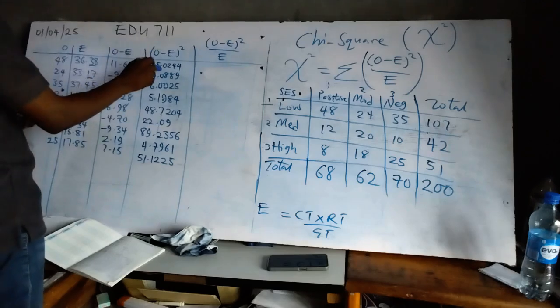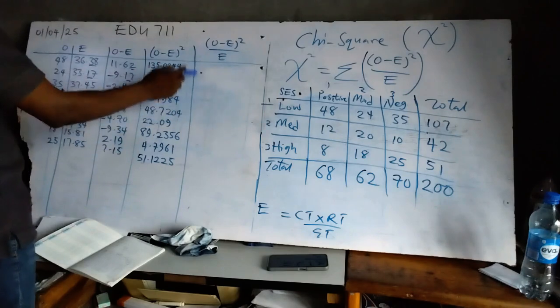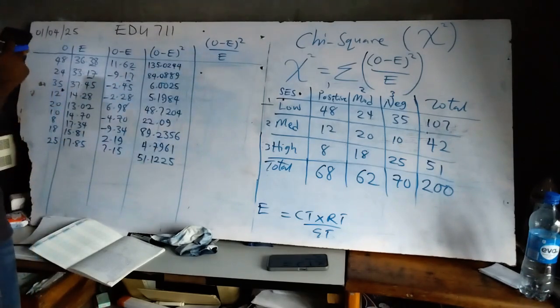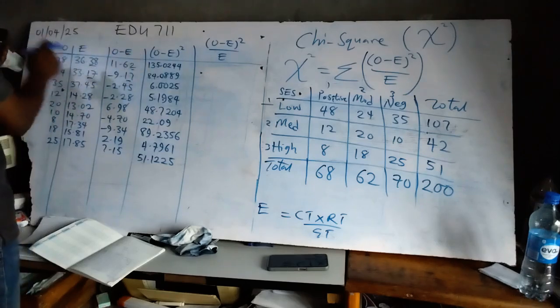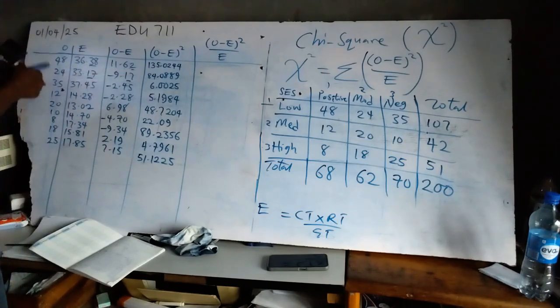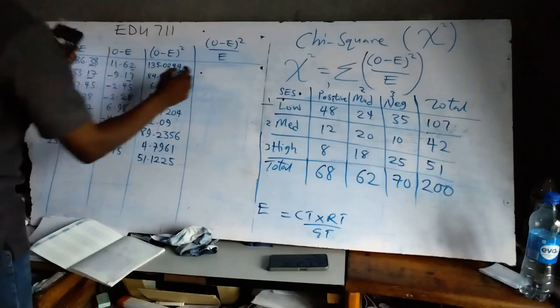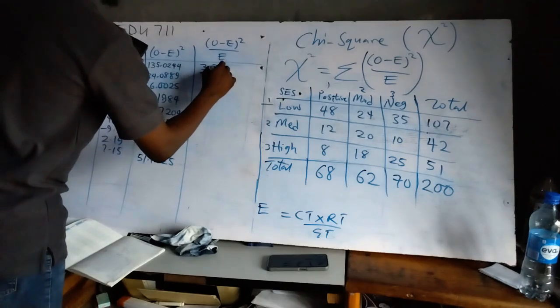The moment you get the answer here, you divide by E and put it here. So that will make it faster. So this divided by 36.38, that is 3.7115.